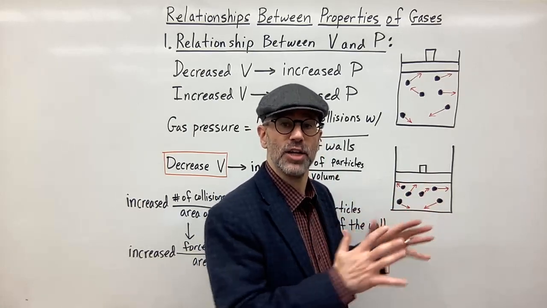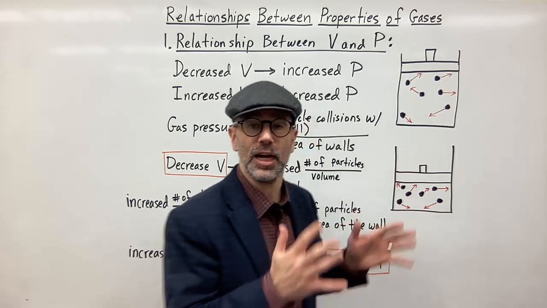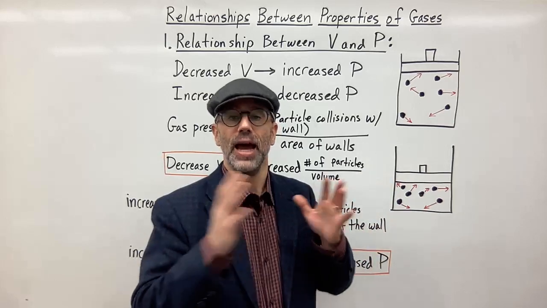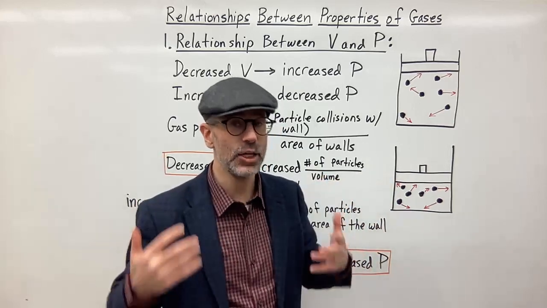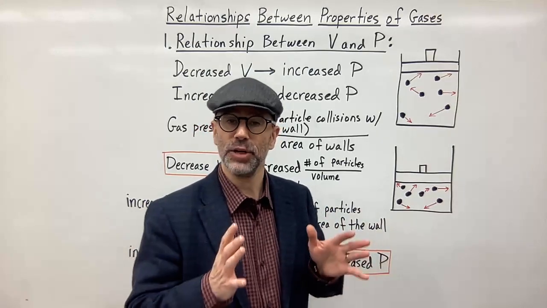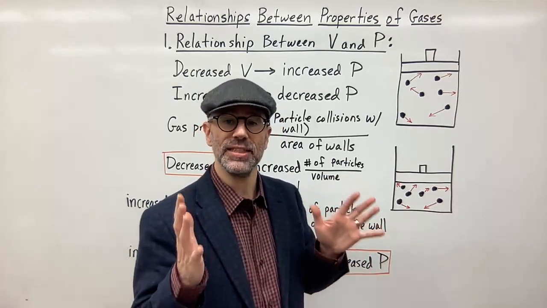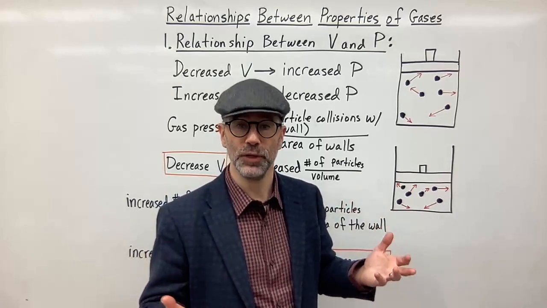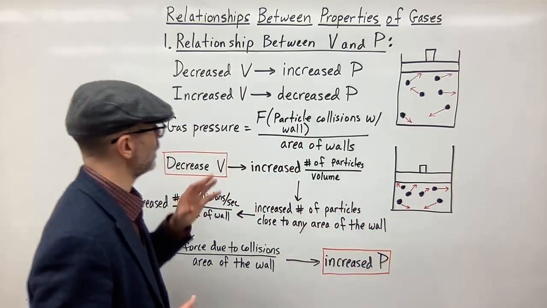There's less area, so more particles are going to hit the walls at any one moment. We didn't increase the amount of particles, but we have increased the amount of collisions happening at one moment on the surface because now there's less surface. So how does this fit in?